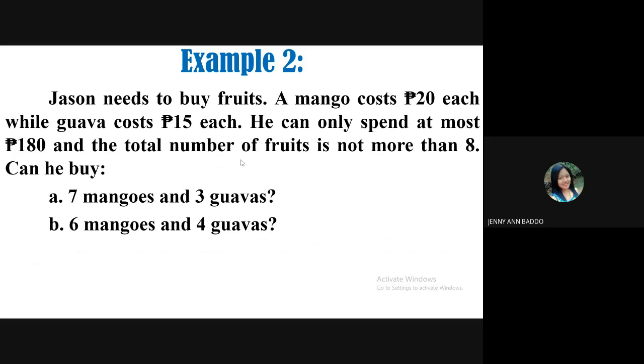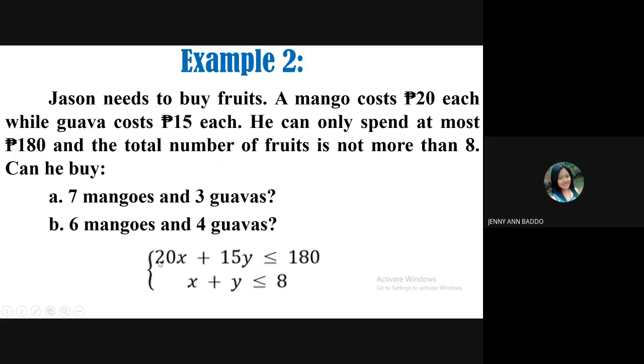If we let x be the number of mangoes and y be the number of guavas, we have the inequality 20x plus 15y is less than or equal to 180.